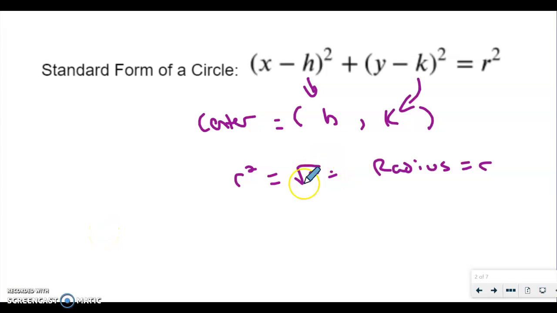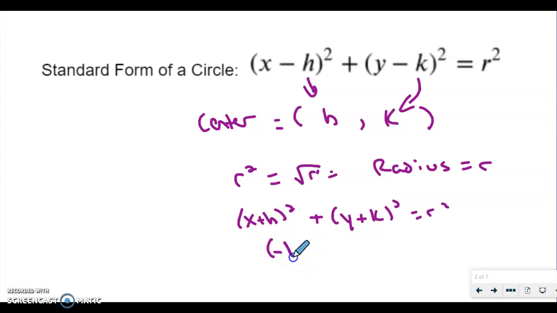Just to review, if we have x plus h and y plus k equals r squared, because that's a plus sign, it's going to be a negative x value for the center, and a negative y value for your center.